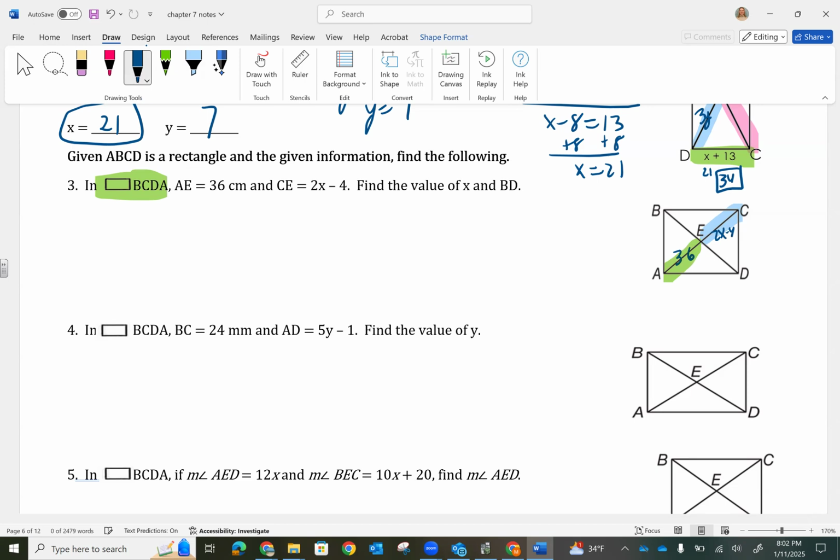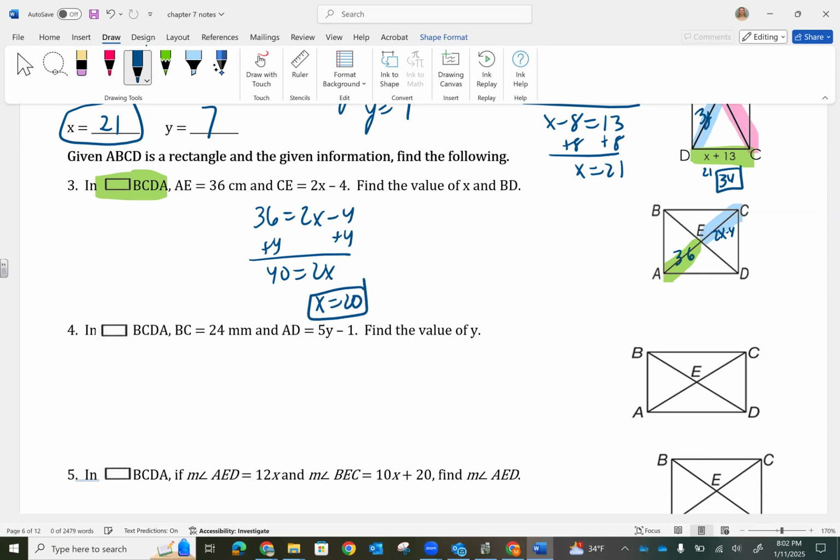Okay, in a parallelogram and in a rectangle, the diagonals get bisected by each other. So 36 equals 2x minus 4. So divide by 2, x equals 20.